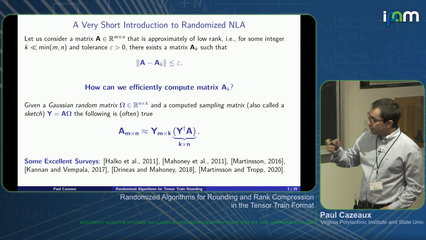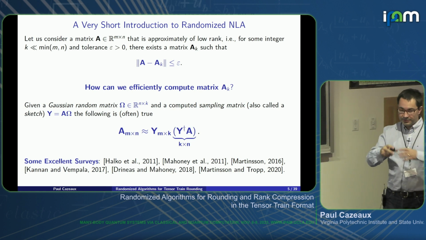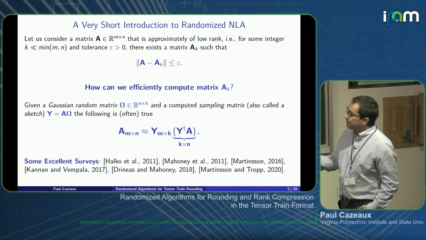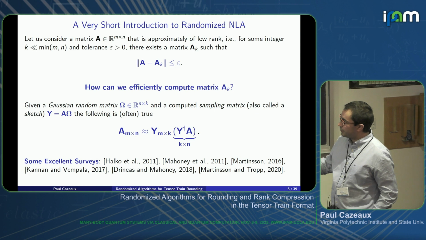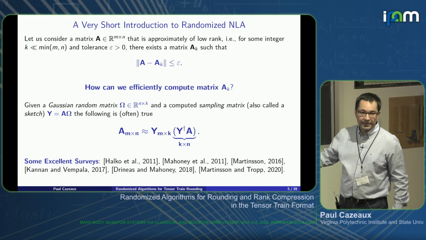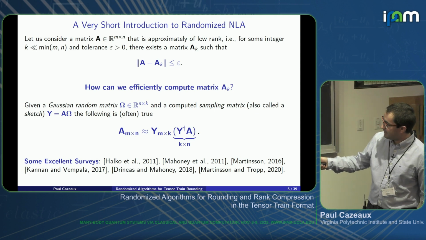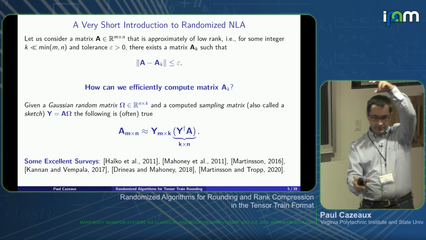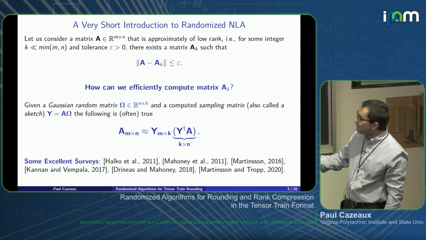So given a Gaussian random matrix, where the entries are Gaussian distributed, we compute the sketch, so we just multiply A with omega. Note that this random matrix is of size n by k, so it's actually pretty tall and skinny.